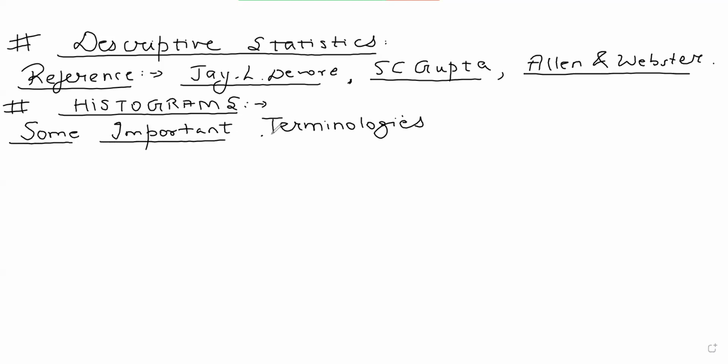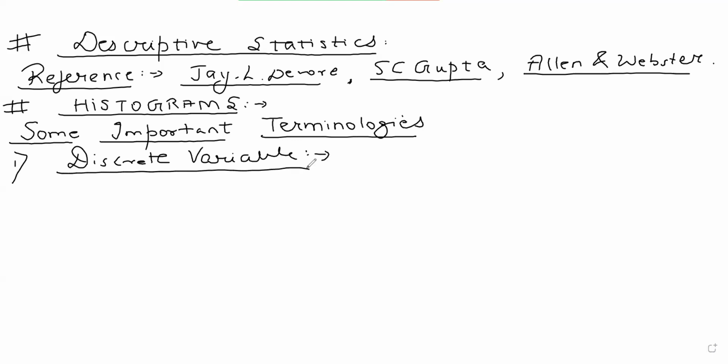Okay, so the first terminology is: what is meant by a discrete variable? So students can start writing: a numerical variable is said to be discrete.